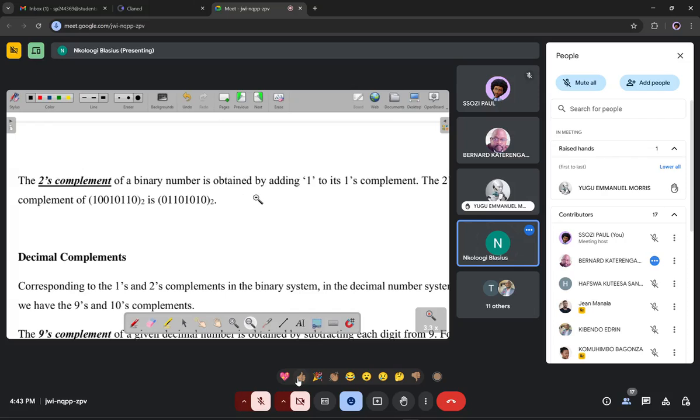So, do you know how to get the one's complement first of all? Yes. Okay. So, for example, get me the one's complement of this one here. It is taking a little bit of time to display.